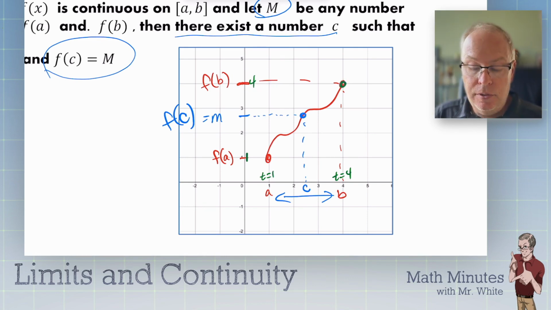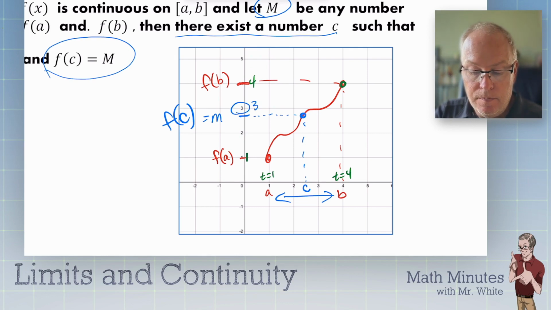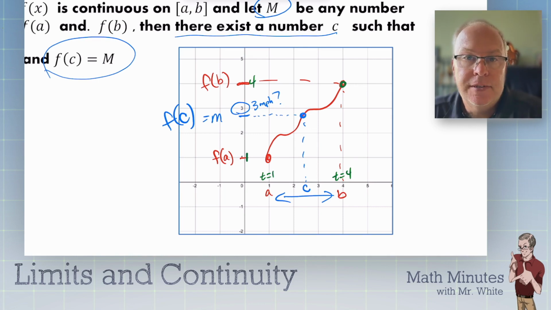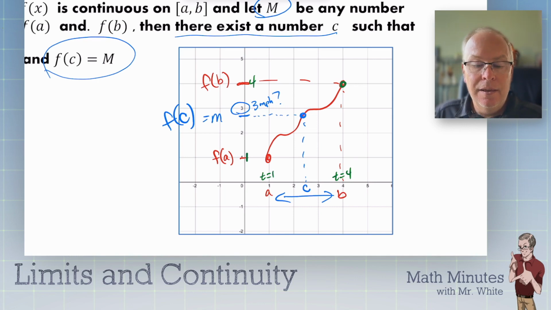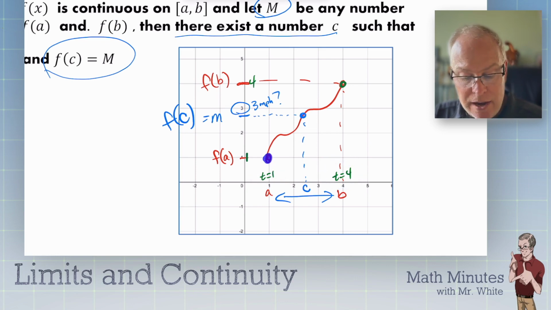Now let me ask you this. Was there a moment in time when you were going 3 miles an hour? Was there a moment in time where just logic says you had to have been going 3 miles an hour? Yes, of course. Because between 1 and 4, you went from 1 to 4, and we're not doing any superhuman things here.